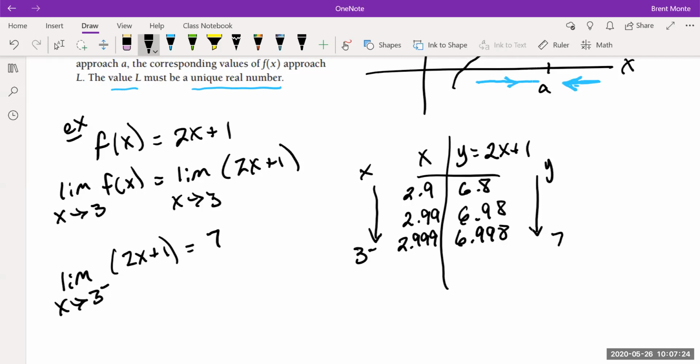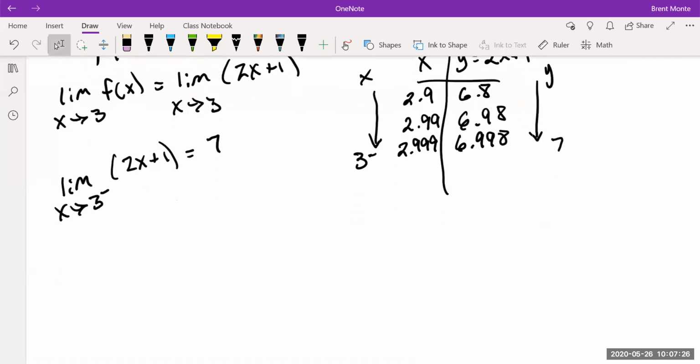Let's see what happens from the right-hand side. So let's go back and I'll pinch into it. So let's say we're at 3.1. If I plug that in, I'm going to get 7.2. But if I plug in 3.01, so now I'm to the right of 3, but I'm getting really close to 3, that's actually 7.02.